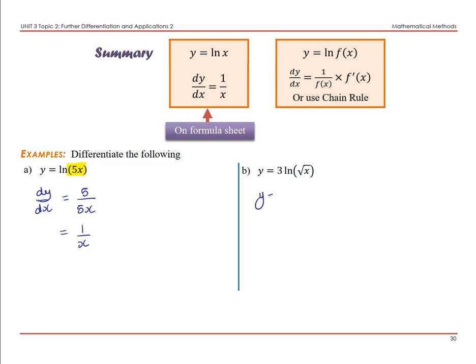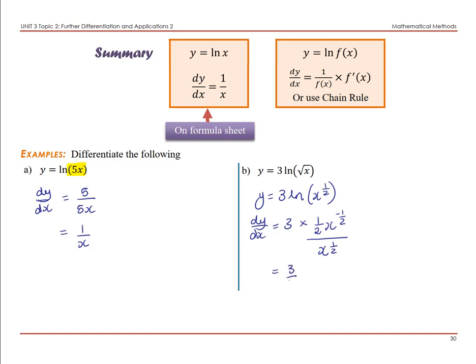Next, I would write it as y equals 3 ln of x to the half. So dy/dx equals 3 multiplied by the derivative of what's inside, which is 1 over 2x to the negative a half, then that's all over x to the half.